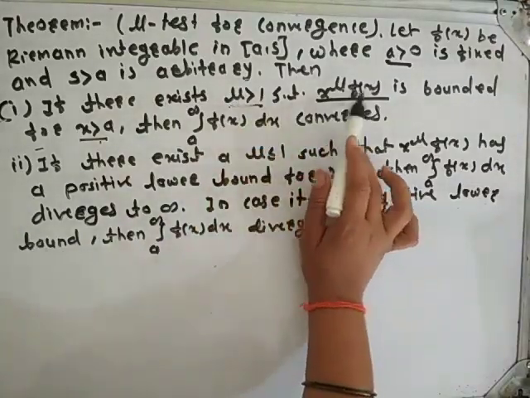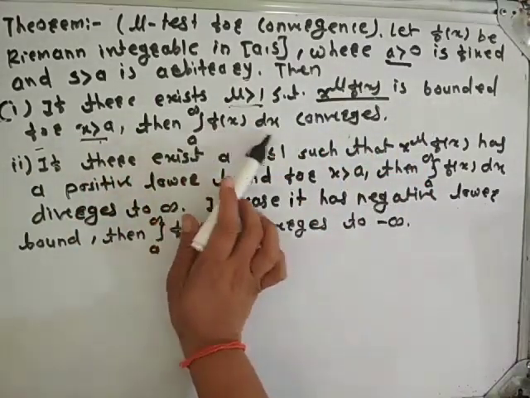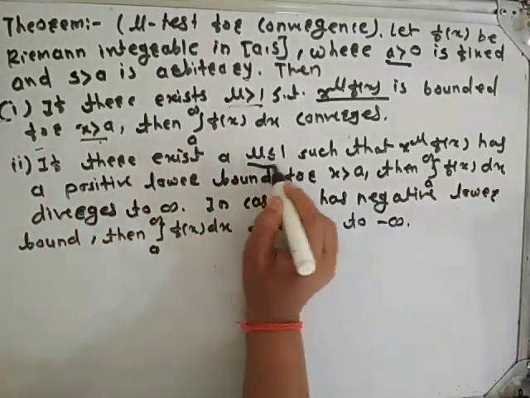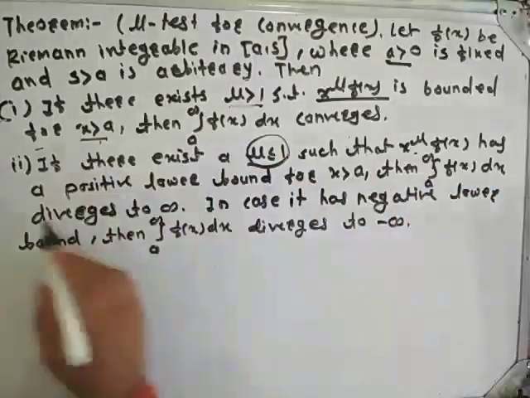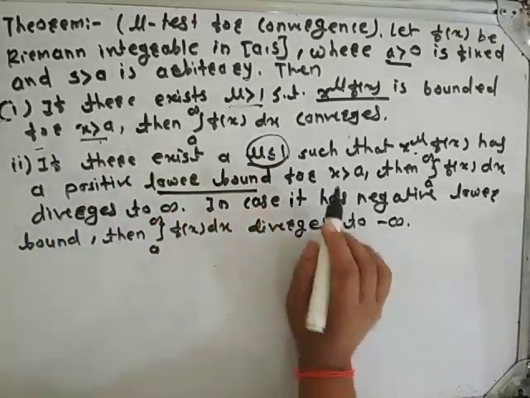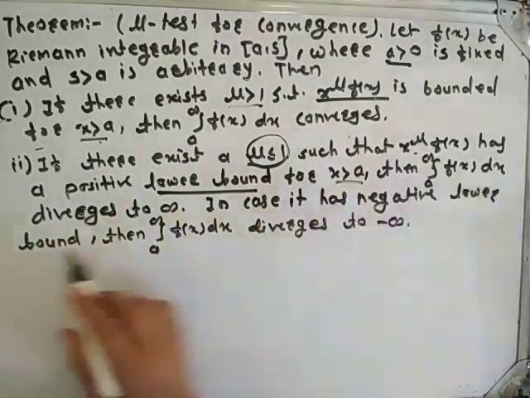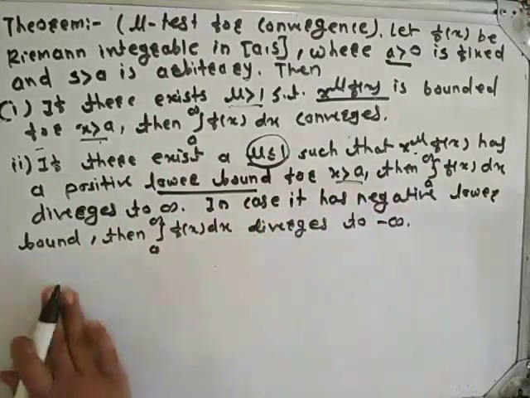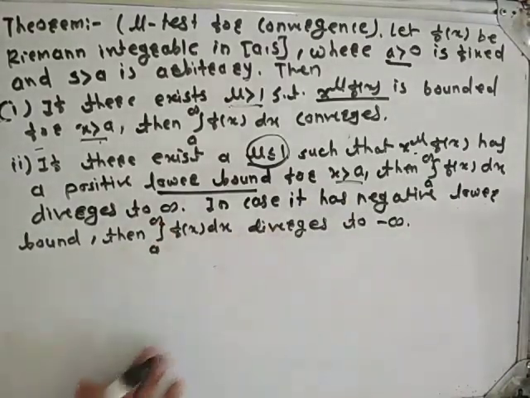Second condition: if there exists a mu which is less than or equal to 1 such that x raised to mu f of x has a positive lower bound for x greater than a, then the integral from a to infinity f of x dx diverges to infinity. In case it has a negative lower bound, then integration from a to infinity f of x dx diverges to minus infinity.